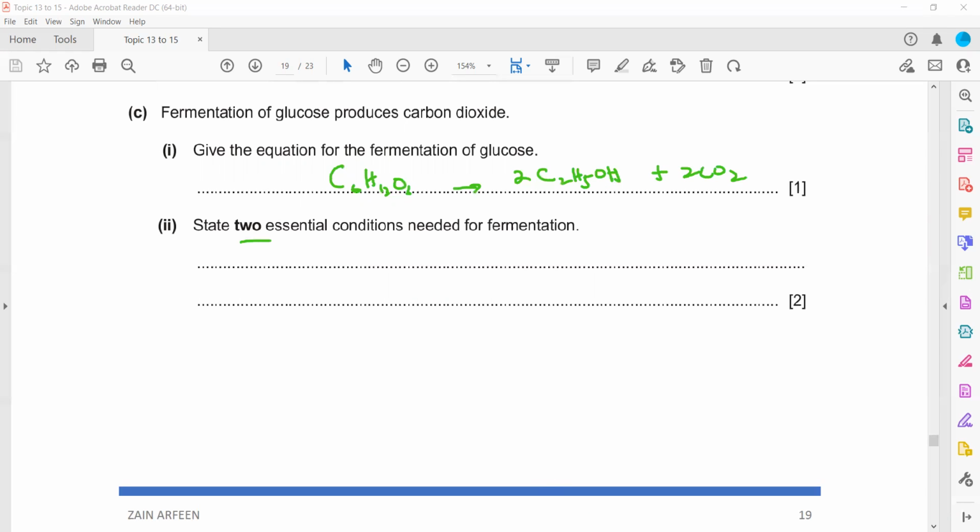Essential conditions for fermentation. So we need absence of oxygen, or anaerobic condition, in the presence of yeast, and the temperature range is from 10 to 40.